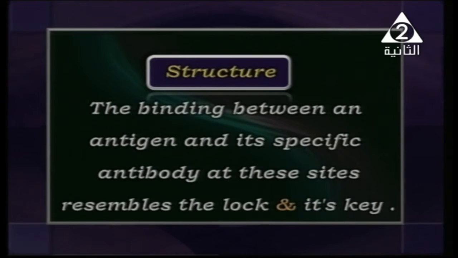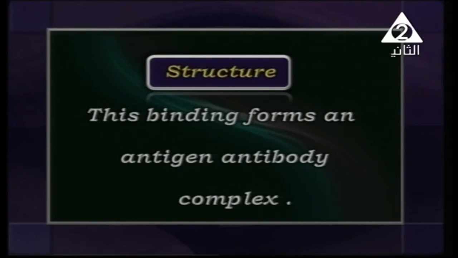The lymphocytes. At the sites, they are linked together like the lock and its key. This binding forms the antigen-antibody complex, and this complex is very important for your body.